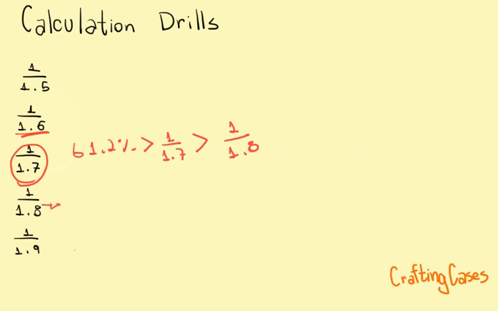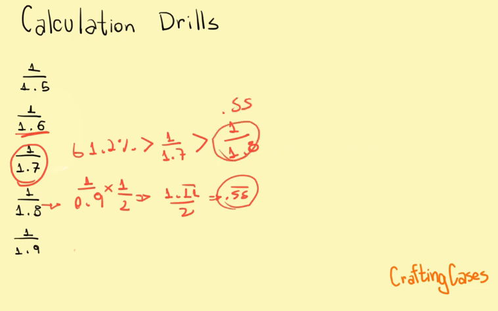I want to do it here quickly for you. 1 over 0.9 times 1 over 2, which is 1.11 over 2, 0.55. So it's going to be somewhere between 61 and 55. I'm going to go with 59%. And you should know by heart that 1 over 1.7 is actually quite close to 59%. Okay, let's move on.